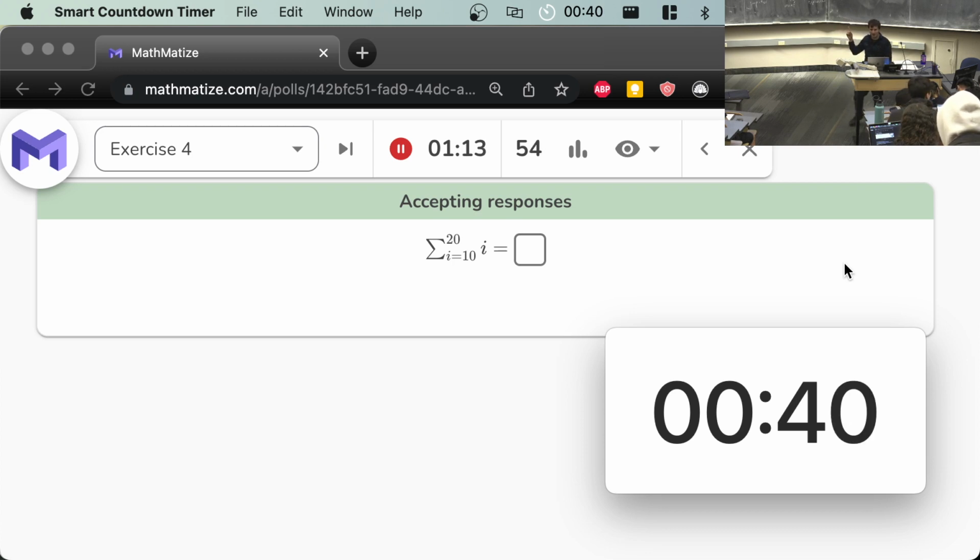Okay, I added on another minute, but now there's like 30 seconds left. So think about wrapping it up. Can you get to the answer? Can you figure out what it means and what the answer is?